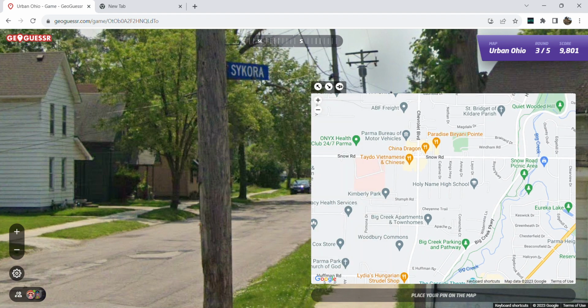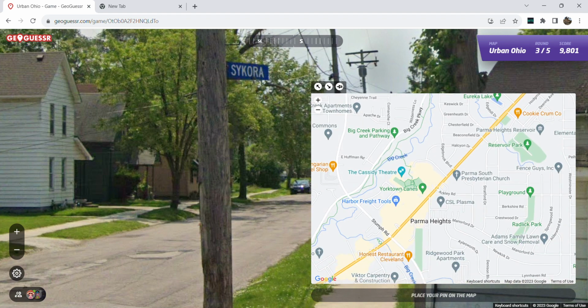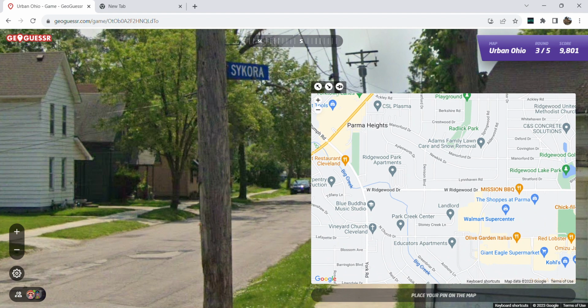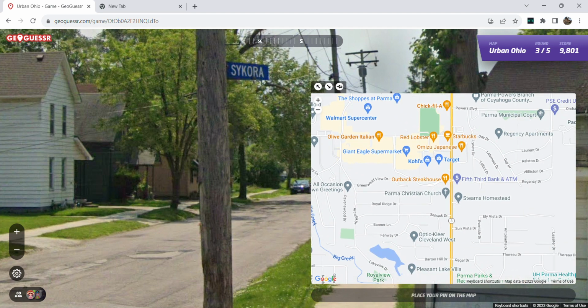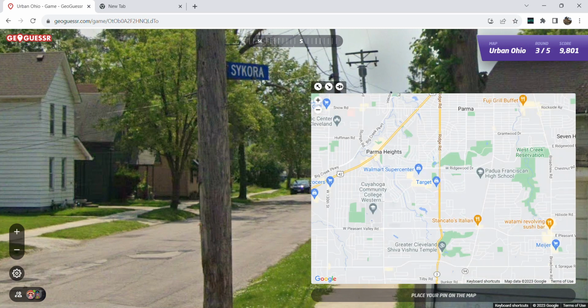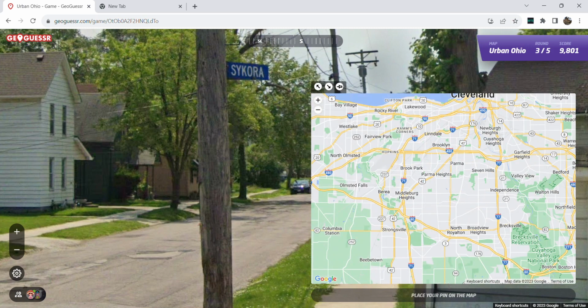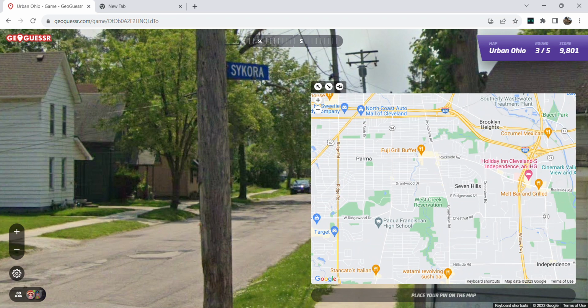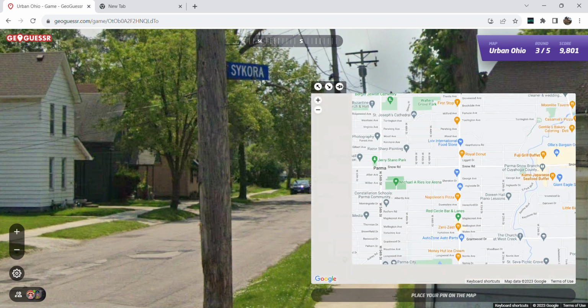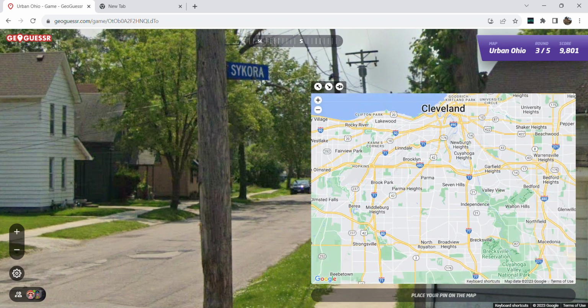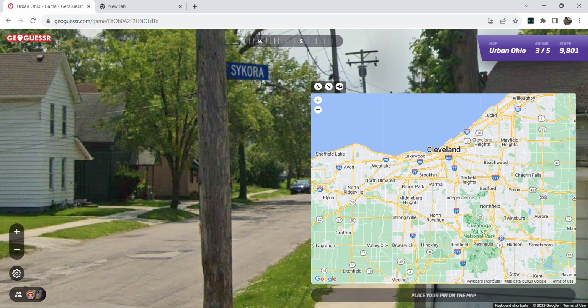At least City of Cleveland. I know that sometimes if you get into like outer Cleveland or the inner suburbs, they're still blue, but they look a little bit different. So I'm kind of feeling maybe somewhere like Parma here could be a good guess.